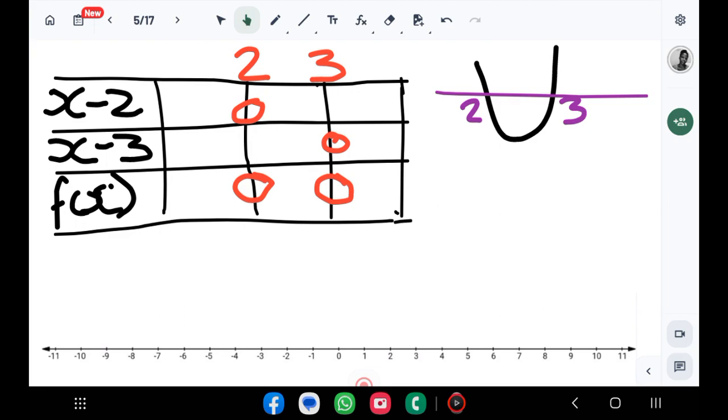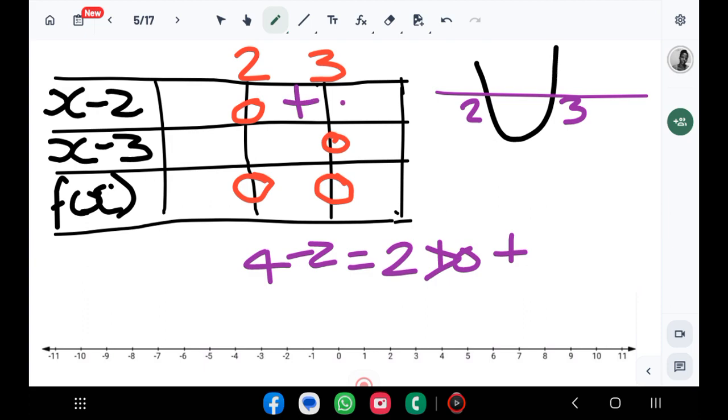So now you go back and ask yourself on the table, where is x minus 2 positive, and where is it negative? This is where your 0 is: x minus 2 is 0. What happens when you've got a number bigger than 2? Could be 3, could be 4. Let's make it 4. 4 minus 2 gives us 2, which is positive.